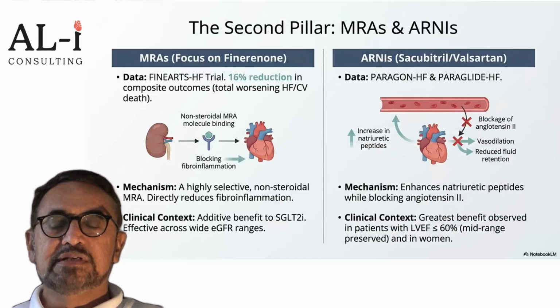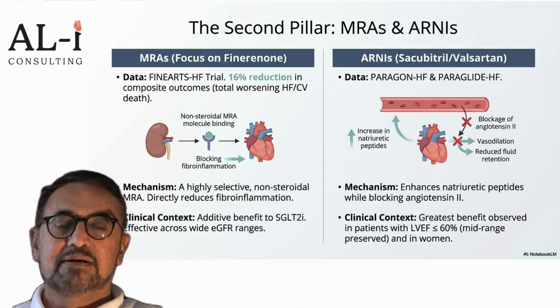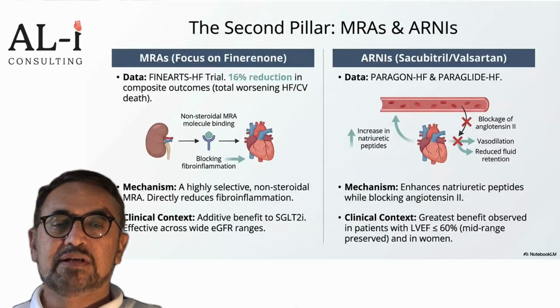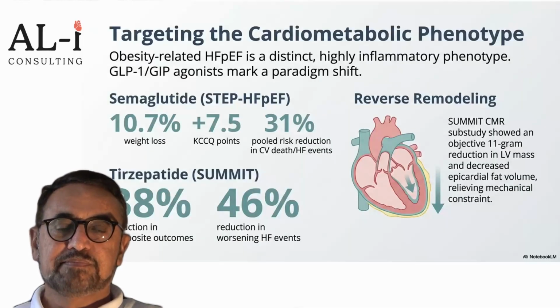So, a practical approach to treatment is this: SGLT2 inhibitors for essentially all appropriate patients. Finerenone is a strong antifibrotic second pillar. ARNI to be considered, especially when EF sits in that borderline preserved range where neurohormonal modulation still seems to matter more, targeting the cardiometabolic phenotype.